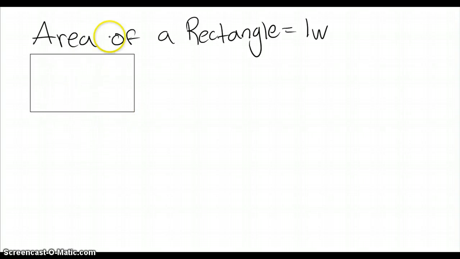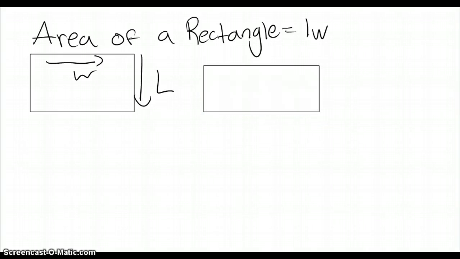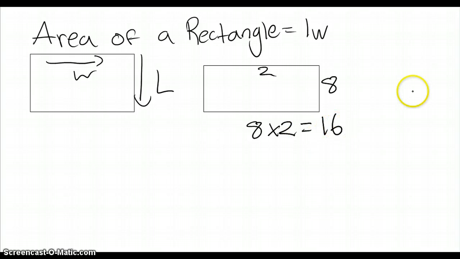It's the length times the width. If the length was 8 and the width was, let's say, 2, you would do 8 times 2 and you would get 16. So that's the area of a rectangle.